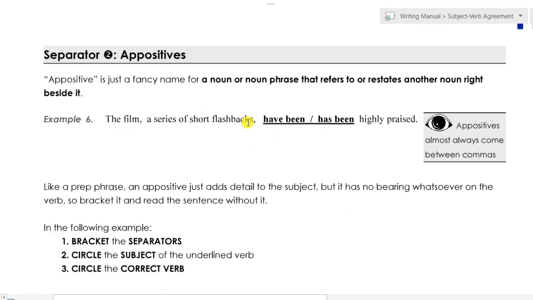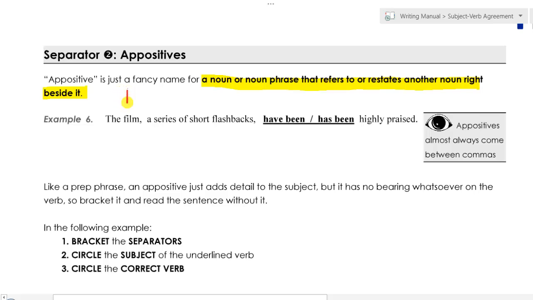Separator number 2, appositives. Don't get intimidated by the terminology here. All an appositive is this. I'm going to go ahead and highlight the definition up here. An appositive is simply a noun or a noun phrase that renames another noun beside it. You actually probably use appositives multiple times every day.